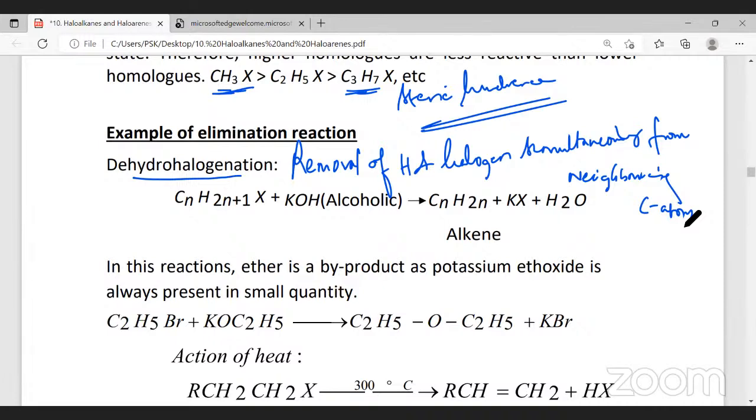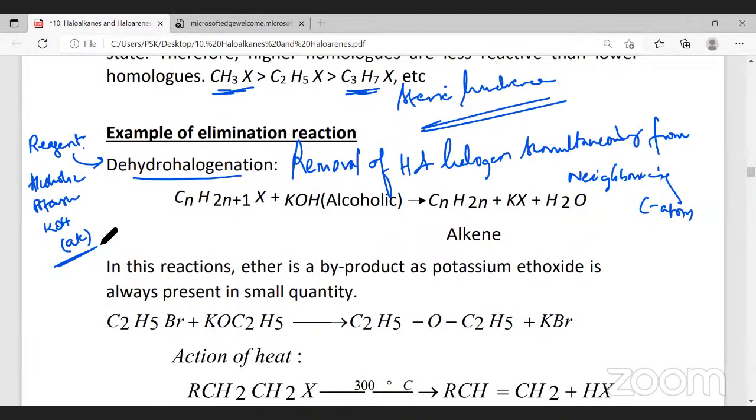Now we will take an example. Before we take an example, the reagent used for dehydrohalogenation is alcoholic potash. What do you mean by alcoholic potash? Potassium hydroxide dissolved in alcohol is called alcoholic potash.